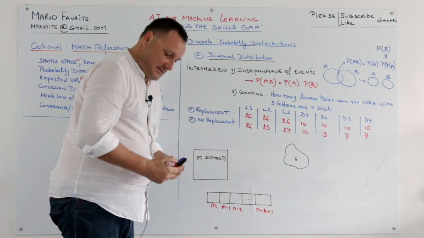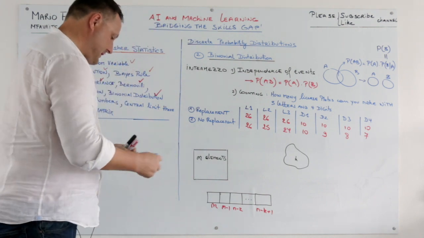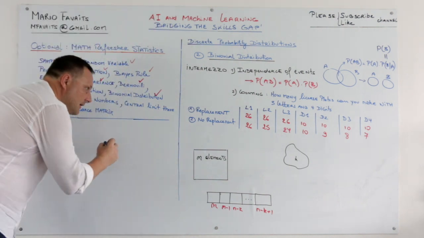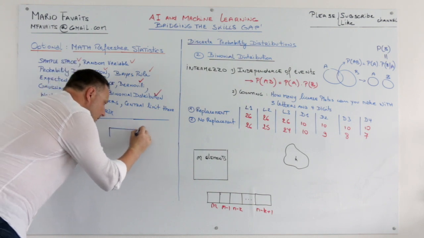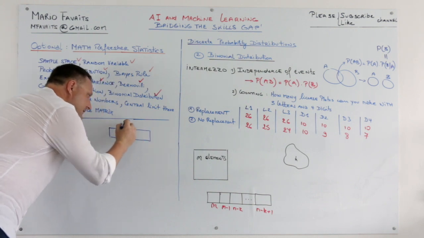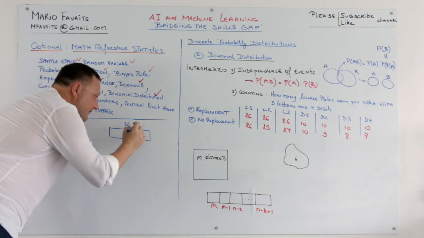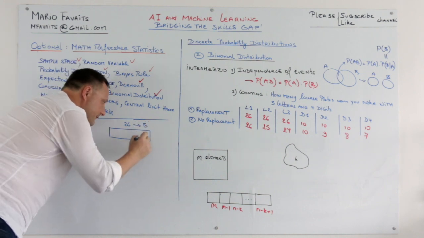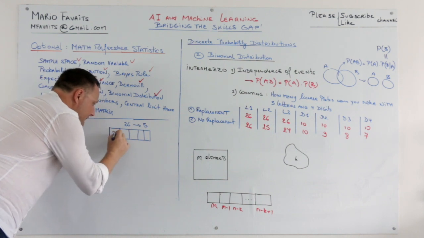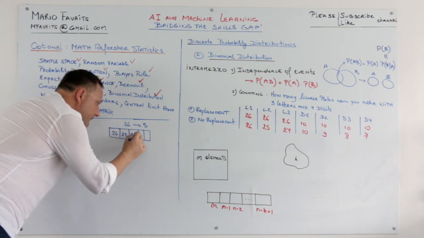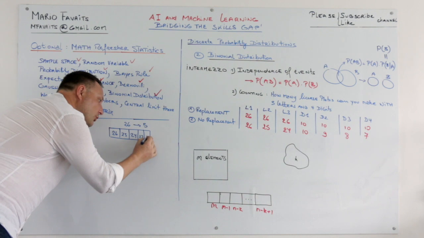Why is it n minus k plus 1? Well, let's do an example. Let's have our 26 letters, and we're gonna choose 5. So first we have 26, 25, 24, 23, 22.